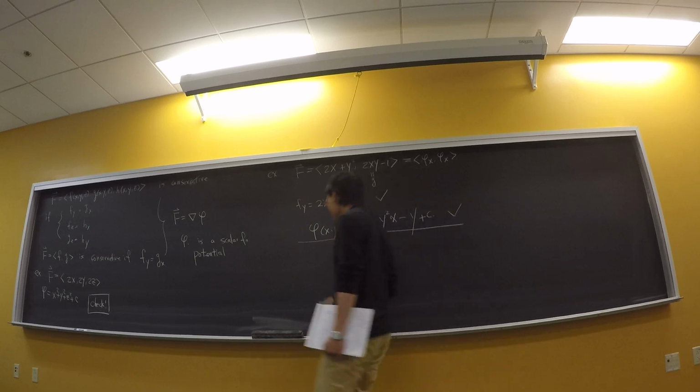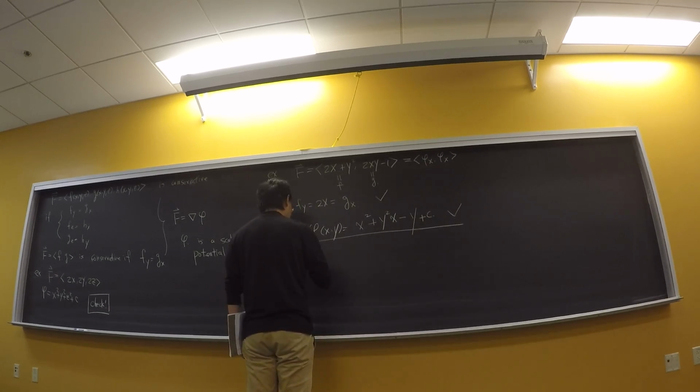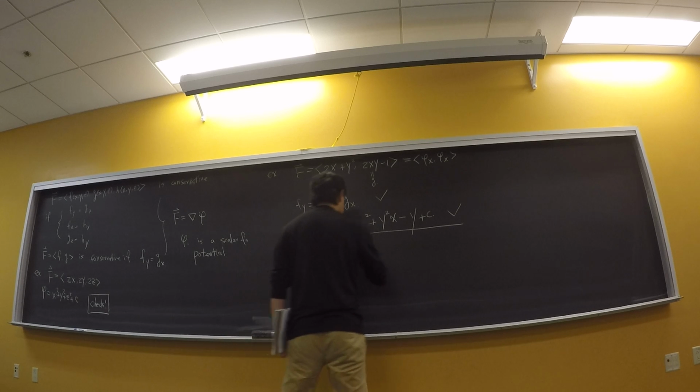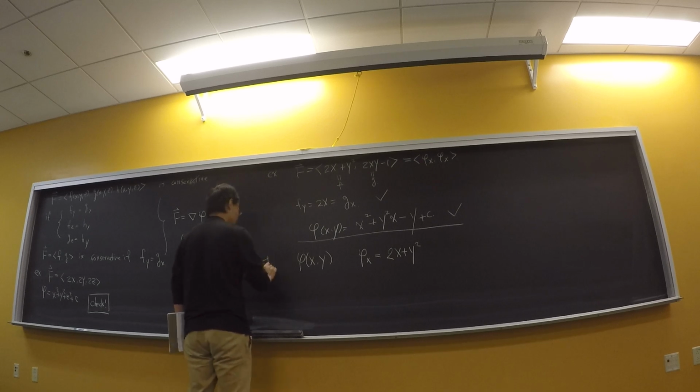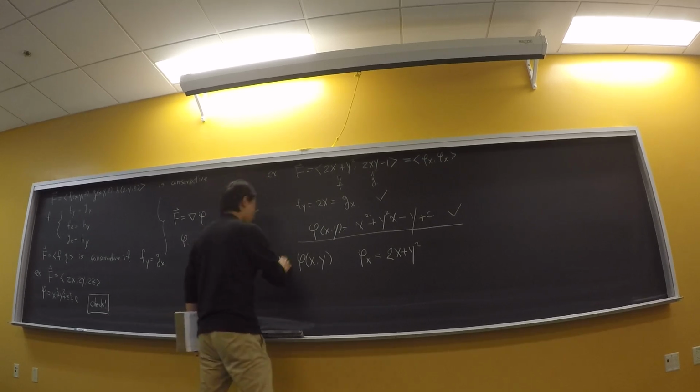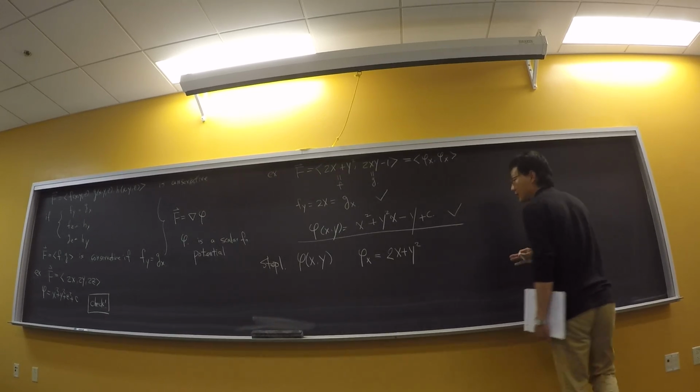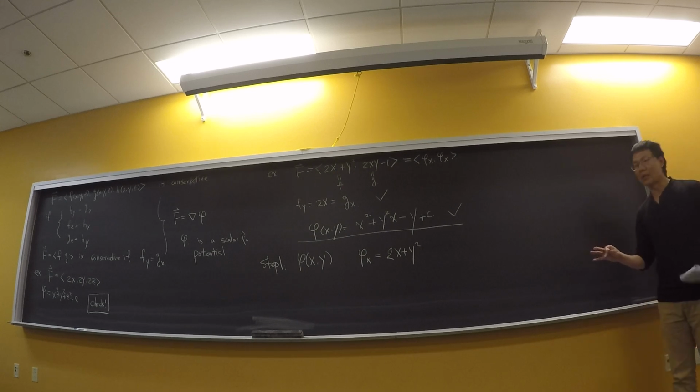With me? So I want to look for phi(x,y) such that phi_x is equal to 2x plus y squared. So this is my step 1. In step 1, I want to pair off the dependence of this phi function upon the variable x.